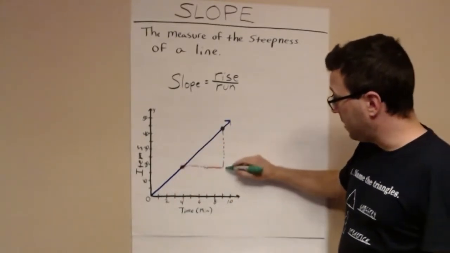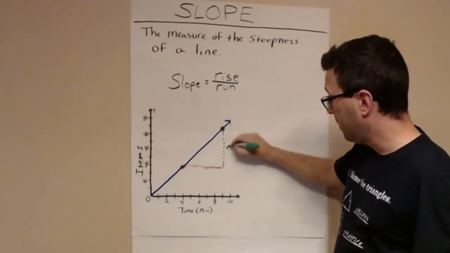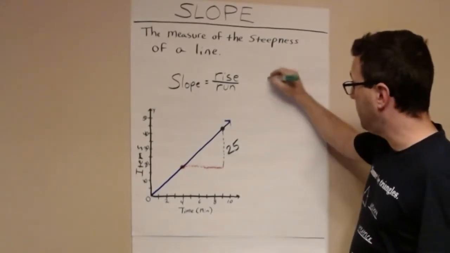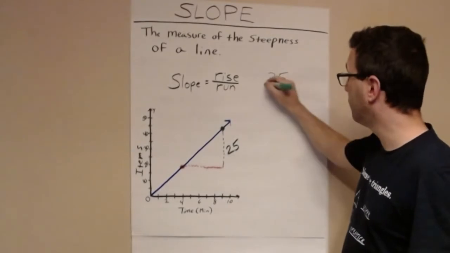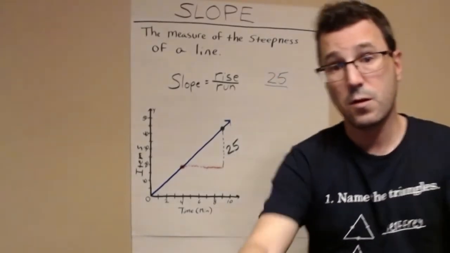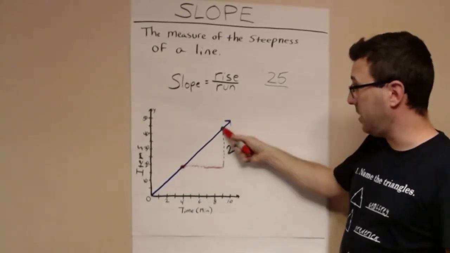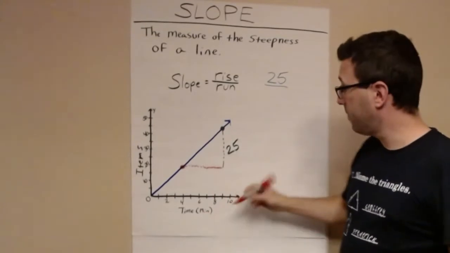So I look, and this goes up from 20 up to 45. So that's 25. And I'm going to put that on top, 25. So that's my rise. It rose from this point to this point, 25 items.